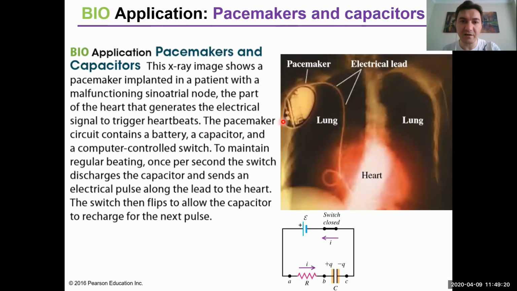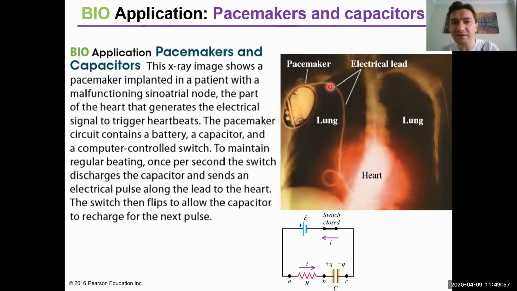So the pacemaker here, kalp pili in Turkish, the pacemaker circuit contains a battery, a capacitor, and a computer controlled switch. Okay, battery, capacitor, computer controlled switch. To maintain regular beating once per second, the switch discharges the capacitor and sends an electrical pulse along the lead to the heart. So this is the pacemaker, this is the heart, these are the lungs, okay?